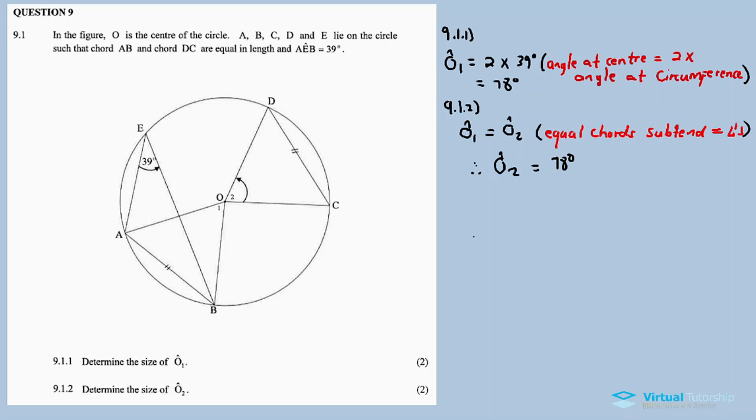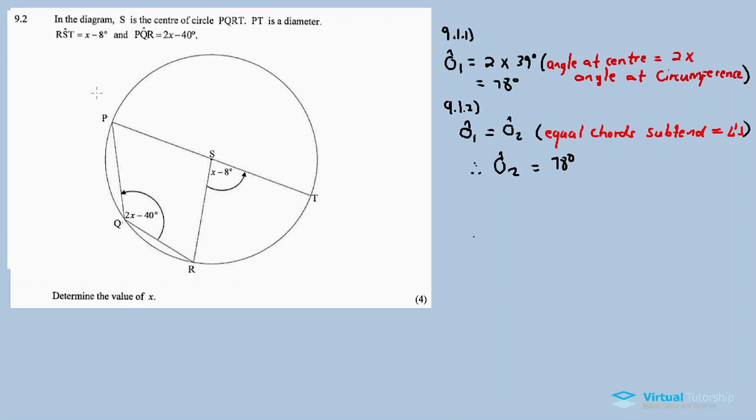Now for 9.2, 9.2 is the second part of the question. In the diagram, S is the center of circle PQRT, and PT is a diameter. RST is equal to x minus 8 degrees, and PQR is 2x minus 40 degrees.